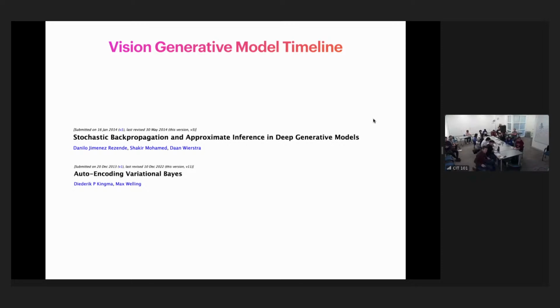There's the famous one, Auto-Encoding Variational Bayes, by Kingma and Welling. But there's also a DeepMind paper submitted about 3 weeks after the first, and it gets about 10 times fewer citations. So next time you cite VAE, make sure you cite both. The first one is actually the first one I read, interestingly enough.